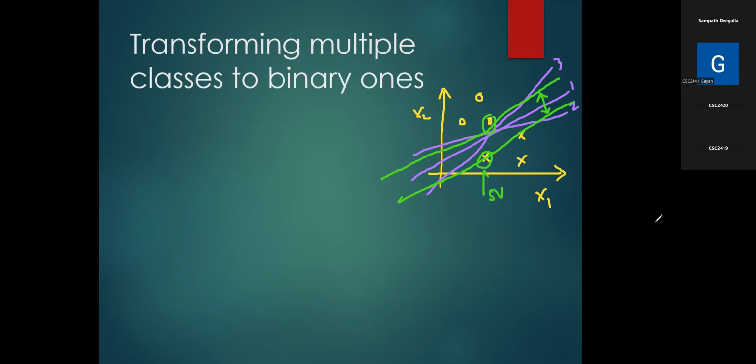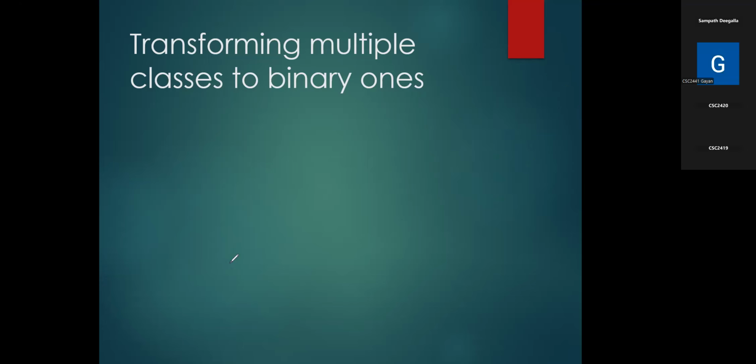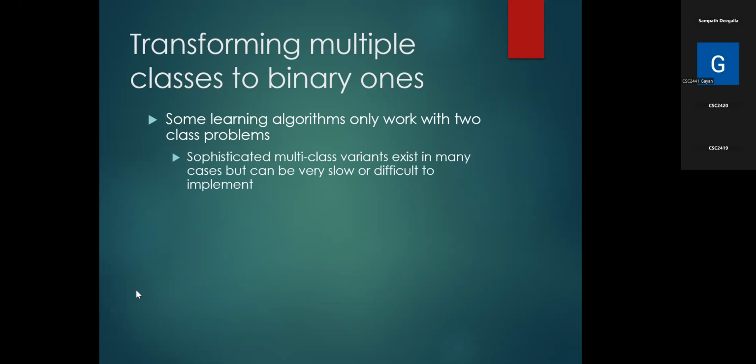So originally when they developed it, it supported only two-class cases. The issue is that when you have multiple classes, you can't apply it. In the early days, when you had more than two, like a three-class problem, you could not apply a support vector machine.